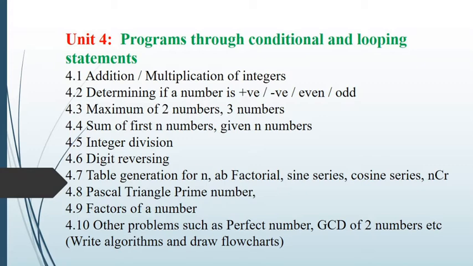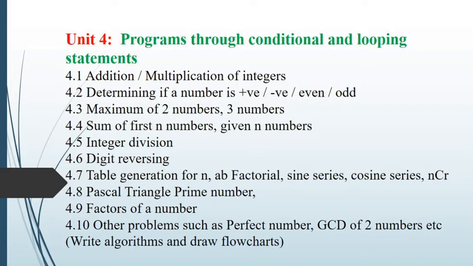This is a programming chapter with all the programs. 4.1 is addition and multiplication of 2 integers. 4.2, determining if a number is positive, negative, even or odd. 4.3, maximum of 2 numbers, 3 numbers. 4.4, to find the sum of n numbers. 4.5, integer division. 4.6, digit reversing.